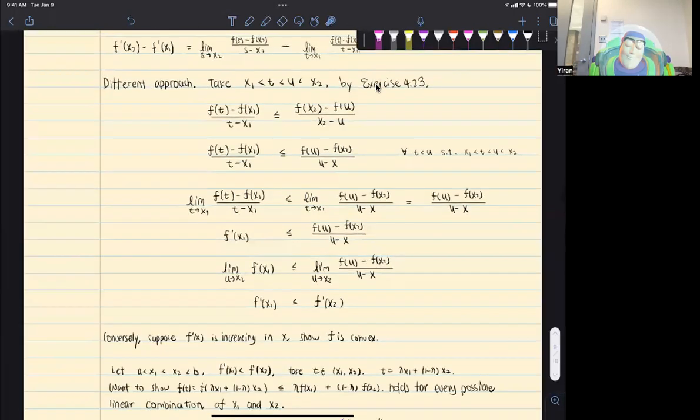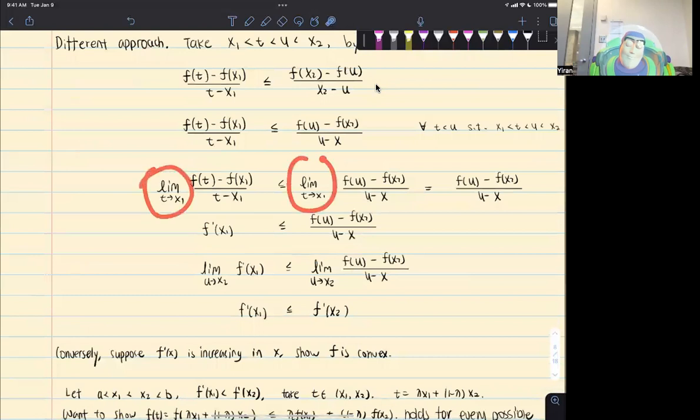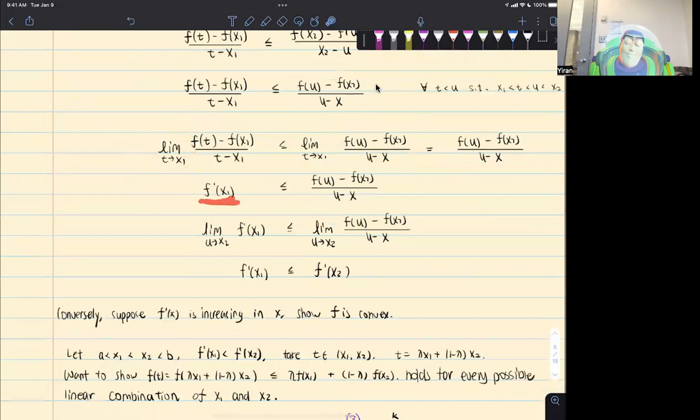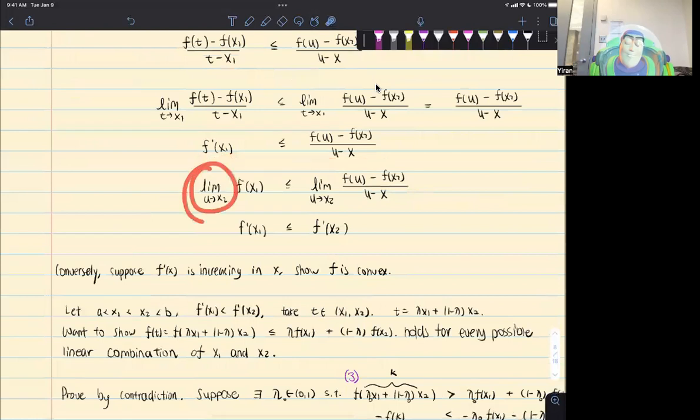And we have limits on both sides. First we take the limit as t goes to x1, and this one does not affect the right side. On the left, this converges to f prime of x1. Then we take the limit as u converges to x2 on both sides, and this converges to f prime of x2. Okay, and then we're done. This is a very simple application of the previous corollary.